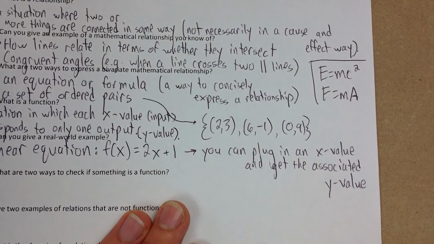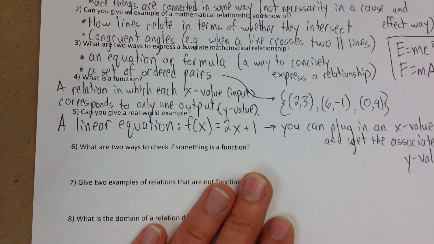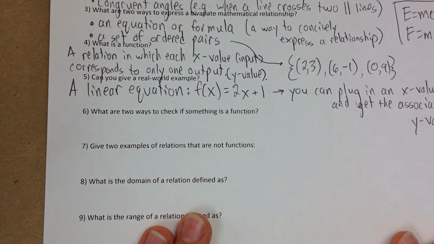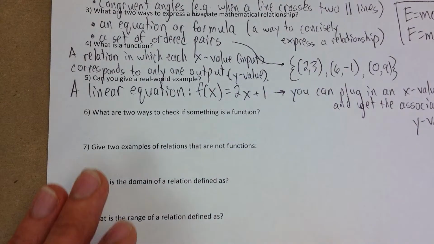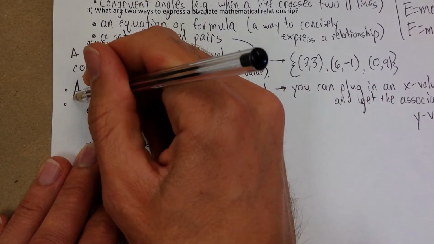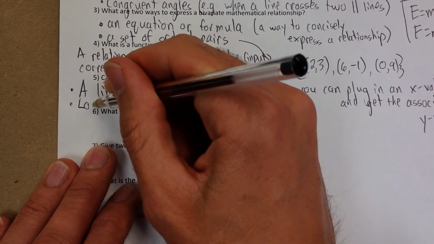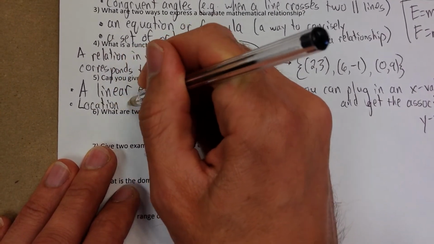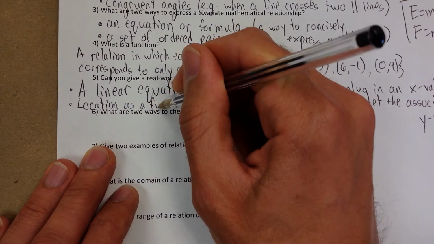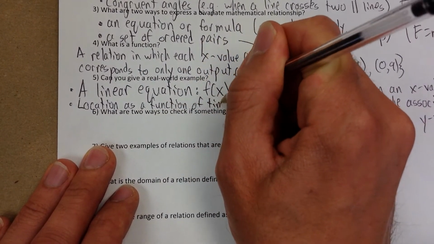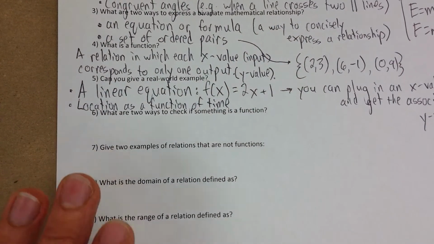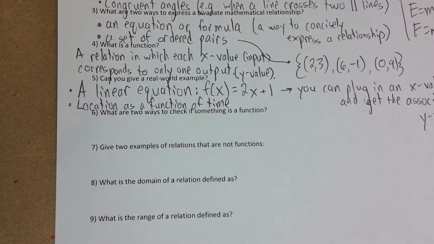Any other? Skylar. Location as a function of time. Sure, that's a physics example. When you say that something is a function of something else, it means that it depends on that other thing.